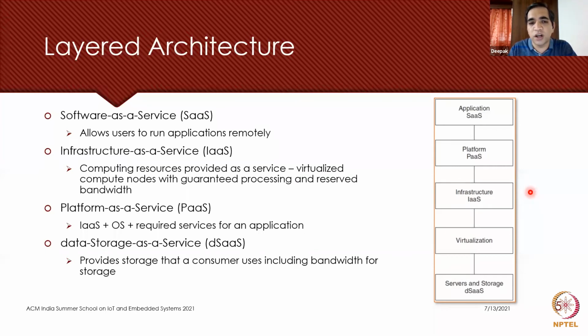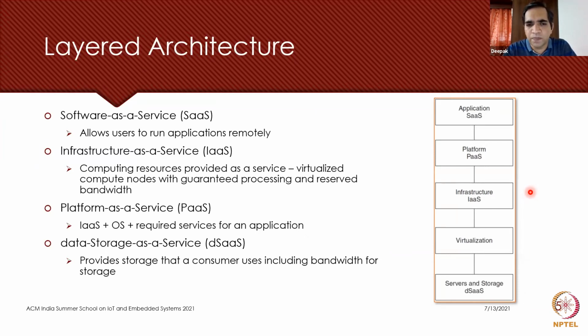Yeah, so you're now asking for a set of resources that are virtualized on a set of nodes that are available in the data center, and you will get a logical set of resources that are derived out of the physical compute nodes that are available in the data center.